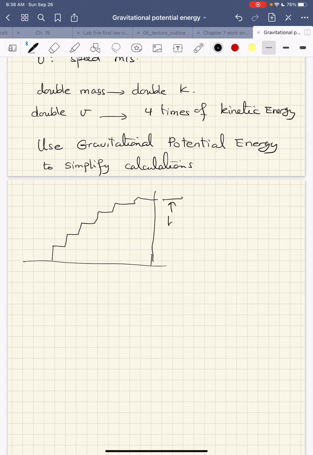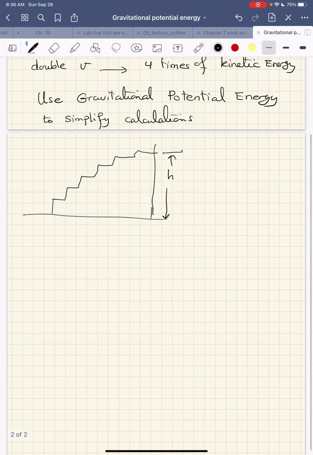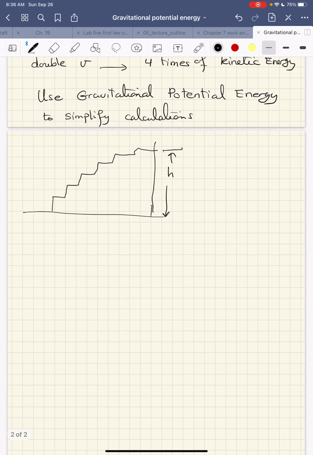What you need to worry about is just that h. Work done by gravity does not depend on the actual path.